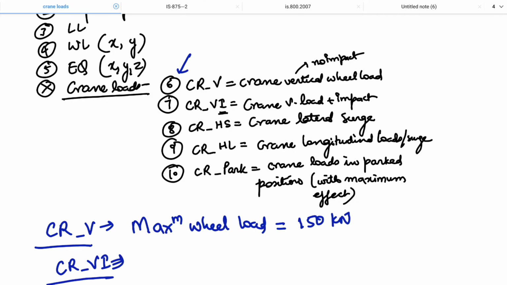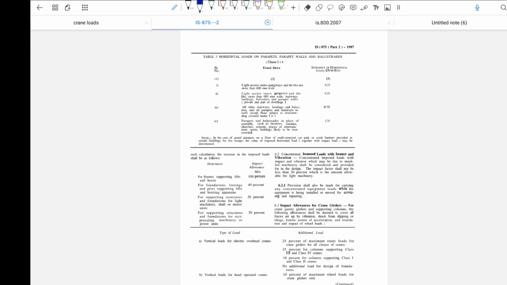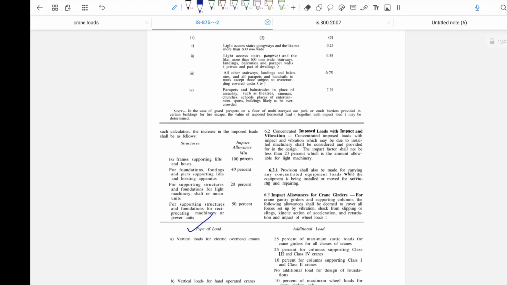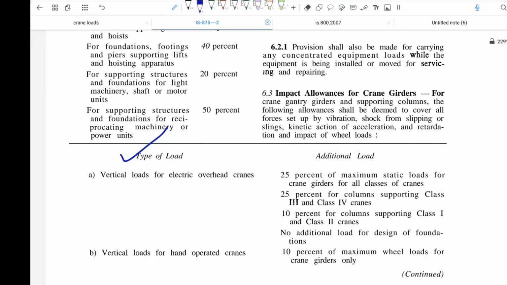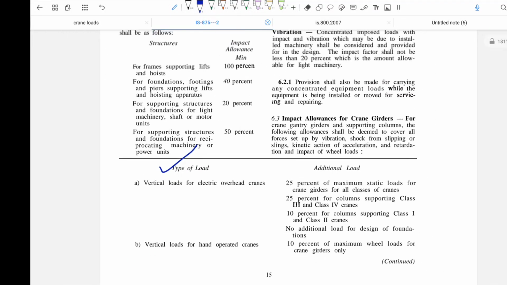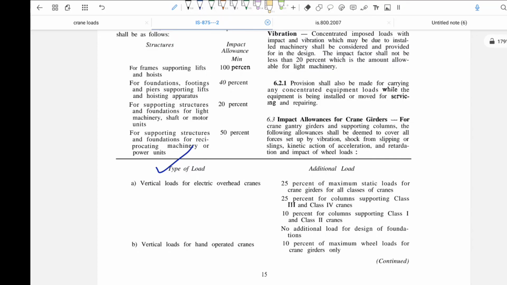This is nothing but as per IS code, IS 875. If you come to IS 875, some surge loads are given. I'll just show you. So this is given here. If you zoom it, vertical loads for electric overhead cranes. So this is the impact allowances. Impact allowances for the crane girders.